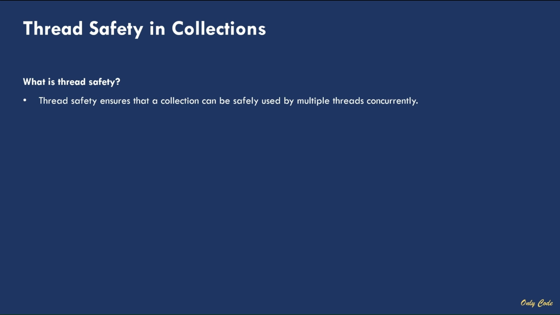Thread safety in collections. What is thread safety? Thread safety is a concept that ensures a collection behaves correctly when accessed by multiple threads in parallel. It prevents issues like data corruption or inconsistent results when several threads are modifying or reading from the same collection.